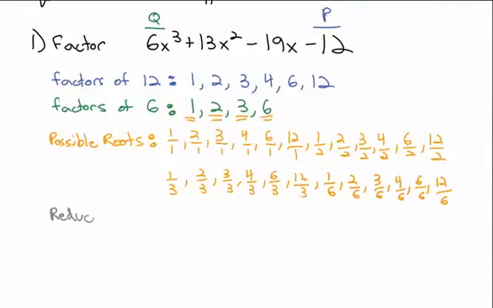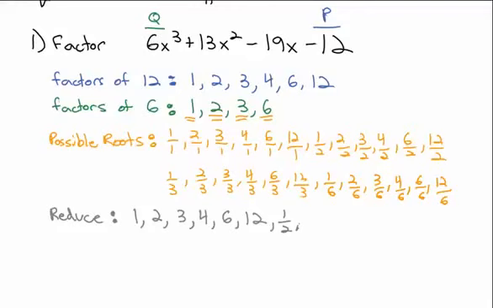When we reduce these, we're going to get a lot of repeats and a much simpler list to work with. So 1 over 1 reduces to 1, 2 over 1 reduces to 2, 3 over 1 to 3, 4 over 1 to 4, 6 over 1 to 6, and 12 over 1 to 12. The rest are all going to be our fractions. 1/2. 2 over 2 reduces to 1.